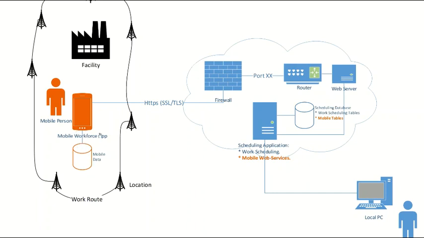Now, at the beginning of this analysis, this is what I used in reality. So I thought I'd be using a database on the mobile. So this is showing pure design. It isn't showing the end result. This is what I started with. Now, this is the big wide world. So in this example, there's a mobile person, using a mobile workforce app. And this person is going around the various locations, scanning the QR code, scanning his or her own code, and recording the data.